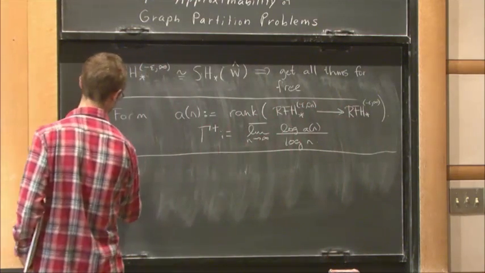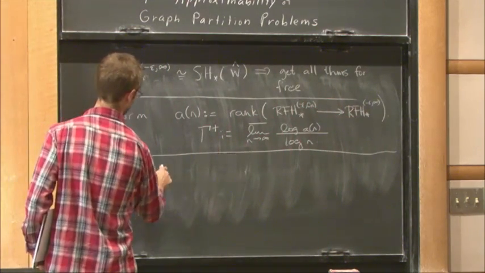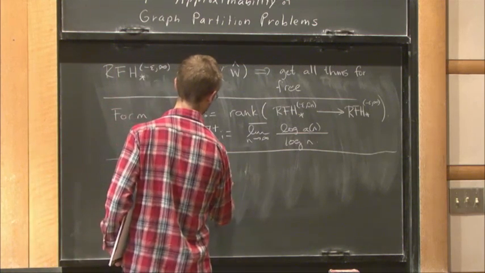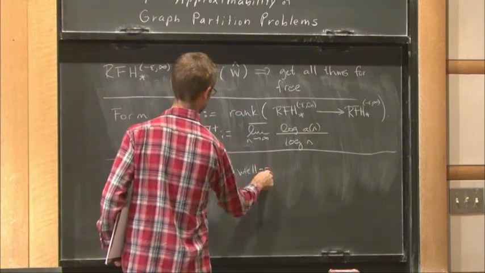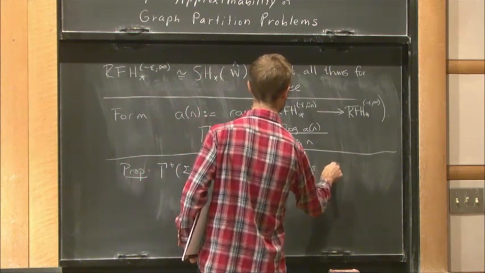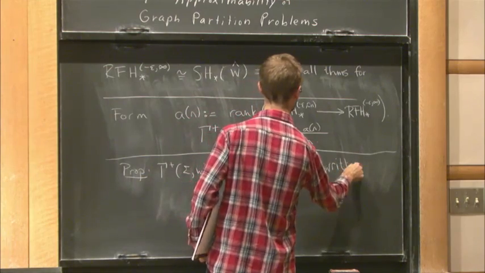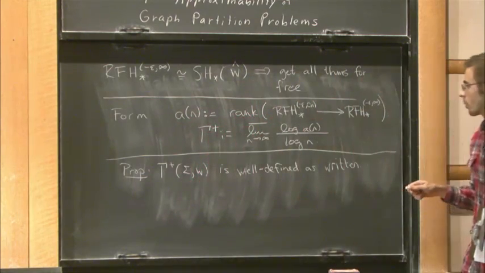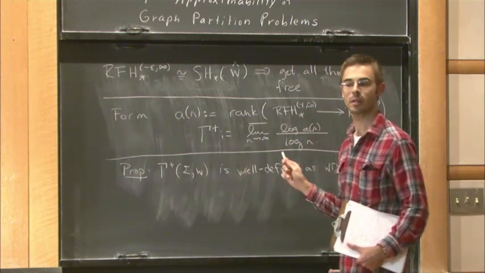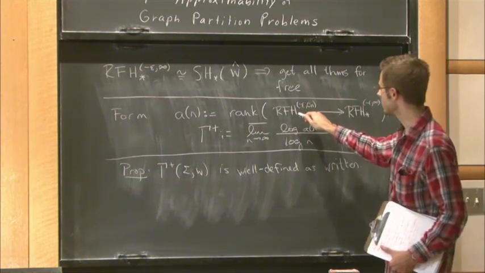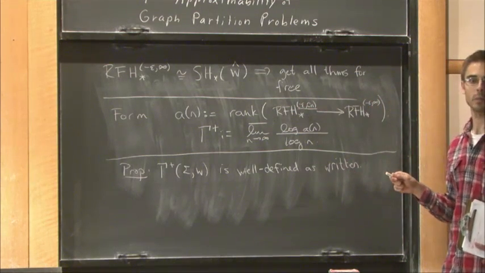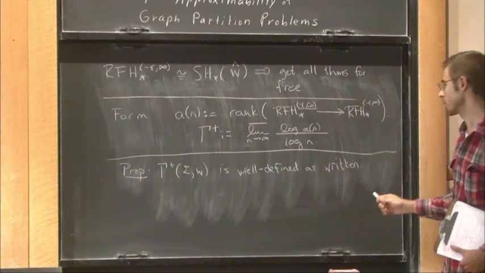So the proposition at this point is that gamma plus of sigma W is well defined as written. What I mean is that this does not depend on the completion, and it does not depend on the Hamiltonian. Certainly the chain complex, if I truncate the action value, will depend on the Hamiltonian, but the growth rate of the homology does not.